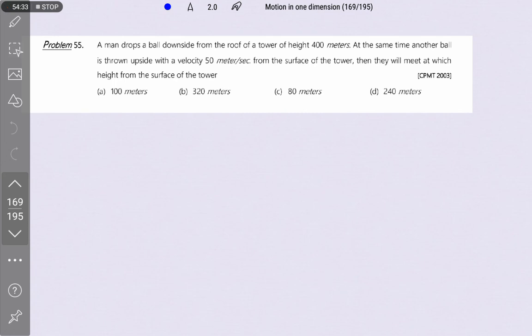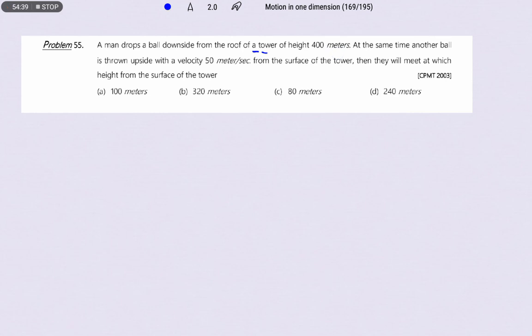A man drops a ball downward from the roof of a tower of height 400 meters. In kinematics we need to draw a figure; it will give 50% of the idea of doing the problem. So the height of the tower is given as 400 meters, with initial velocity u equal to 0.